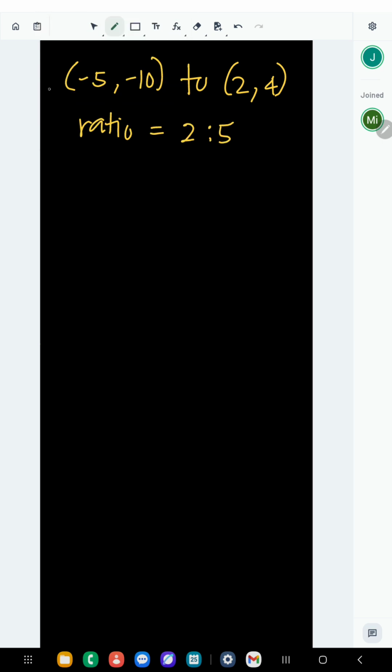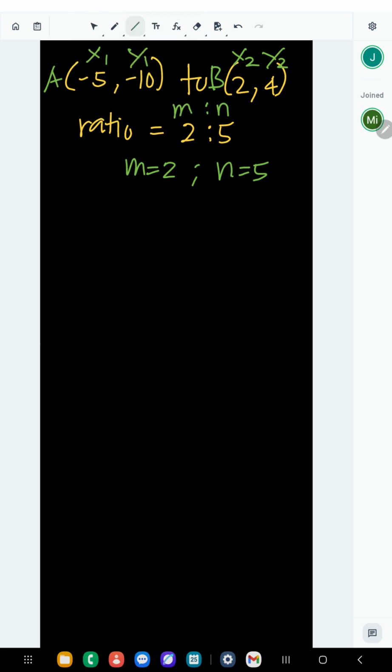So let's say this is point A, this is point B, and this is x sub 1, y sub 1, x sub 2, y sub 2, then this is m, this is n. So m is equal to 2, n is equal to 5.